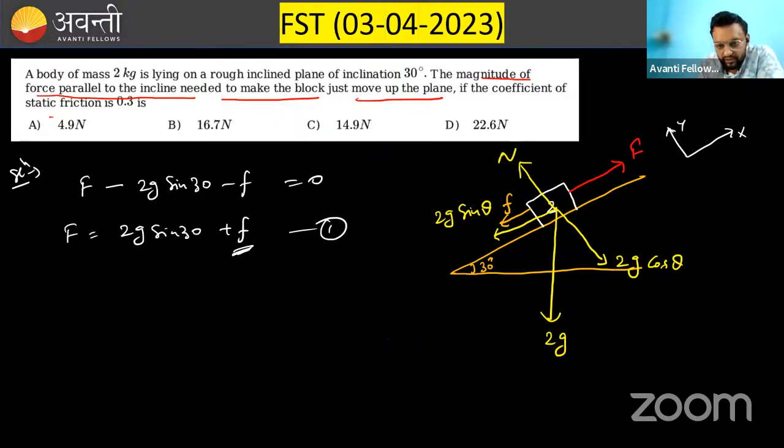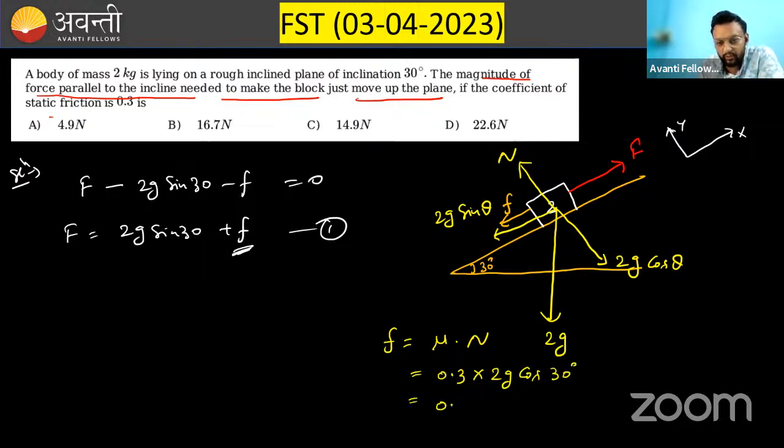What is frictional force? We have learned that f is equal to mu into N. Mu is given as 0.3. Normal reaction is what? 2g cos theta, that is 2g cos 30.